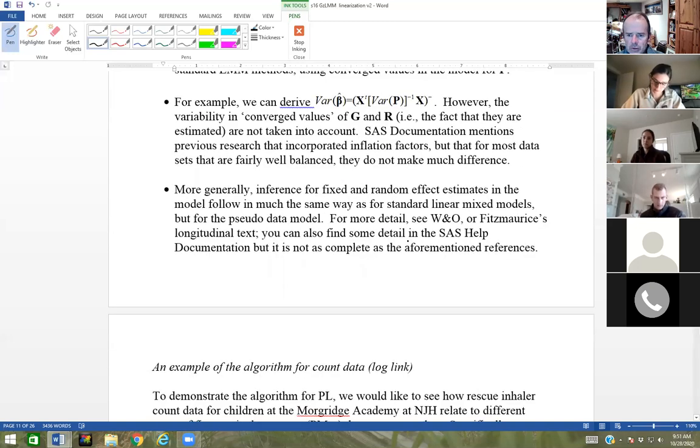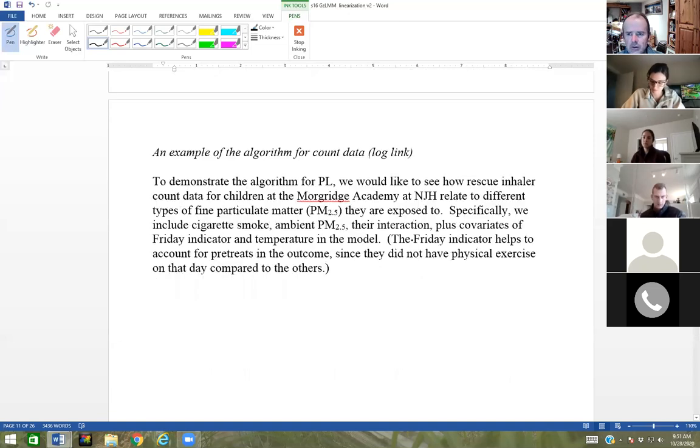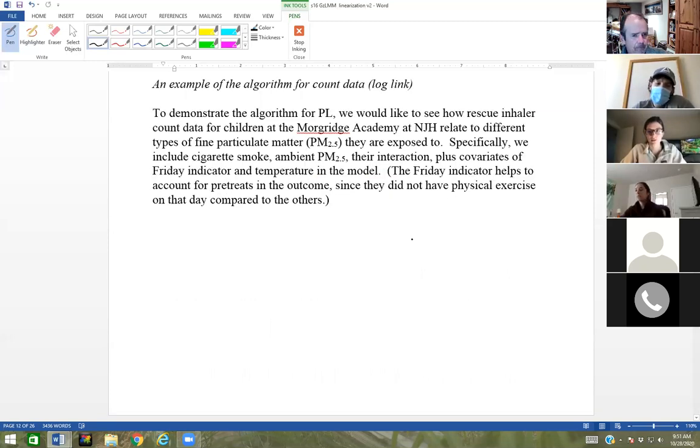I'm going to go to the application to demonstrate how this works. I have a quick question, Matt. Can you always linearize the data? Well, you do the linearization based on the type of distribution that you have, right?